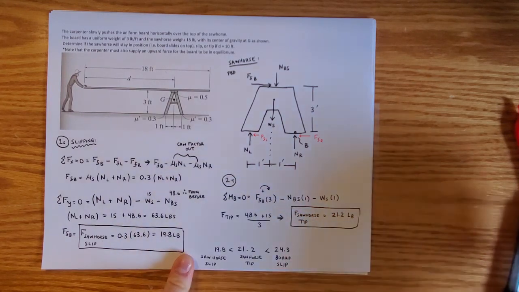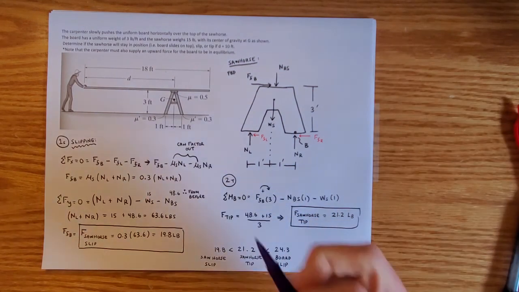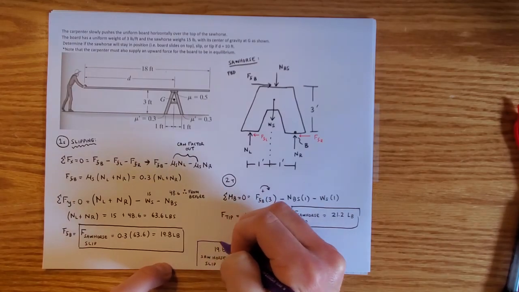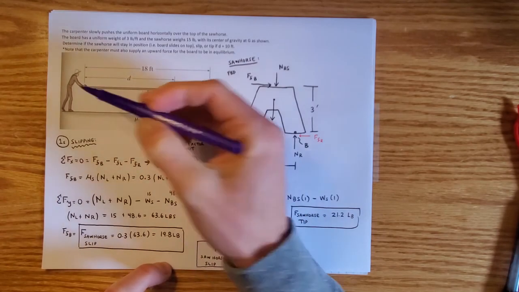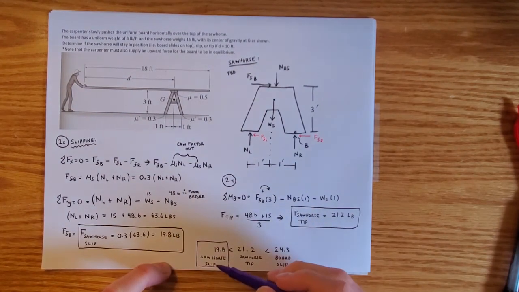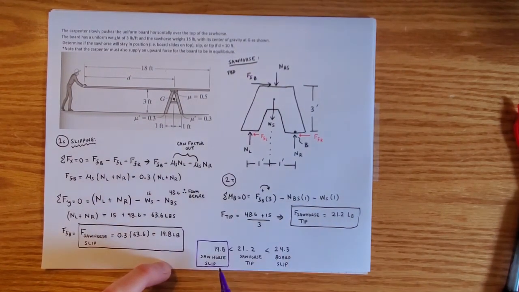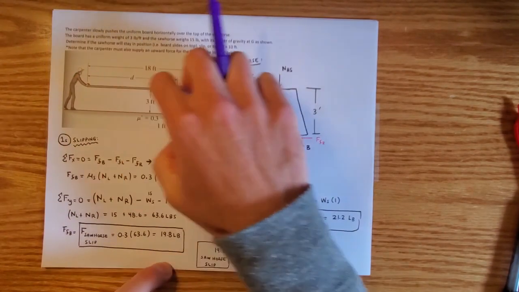The thing that governs our entire equation is 19.8 pounds, and that's the maximum force our person, good old Bob the Carpenter, can apply before anything moves, and it'll move as a whole system sliding to the right.